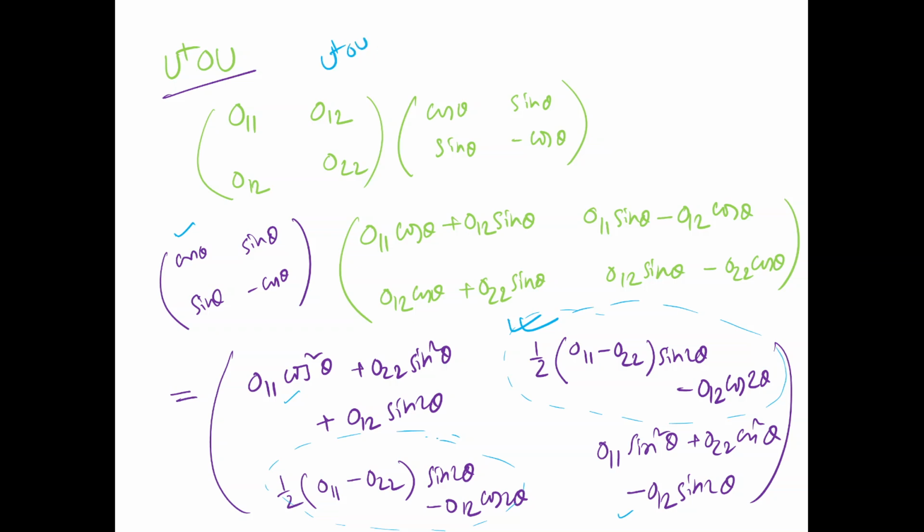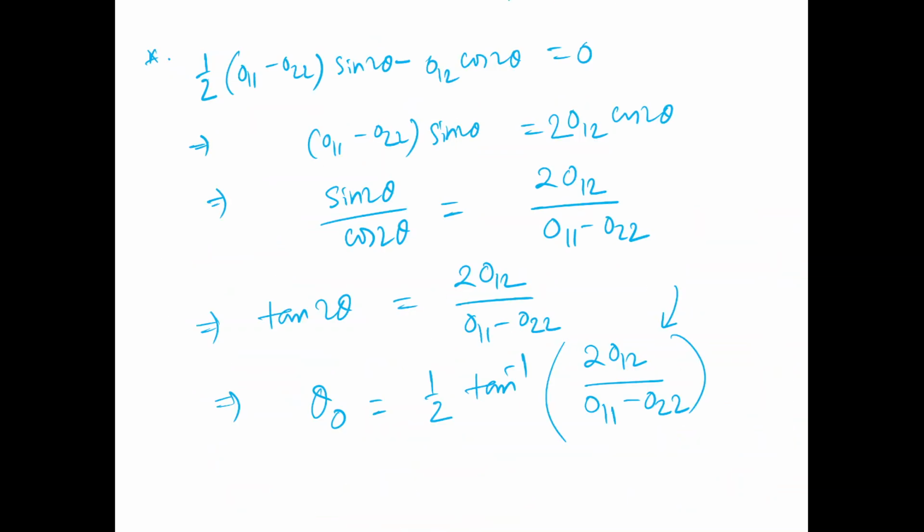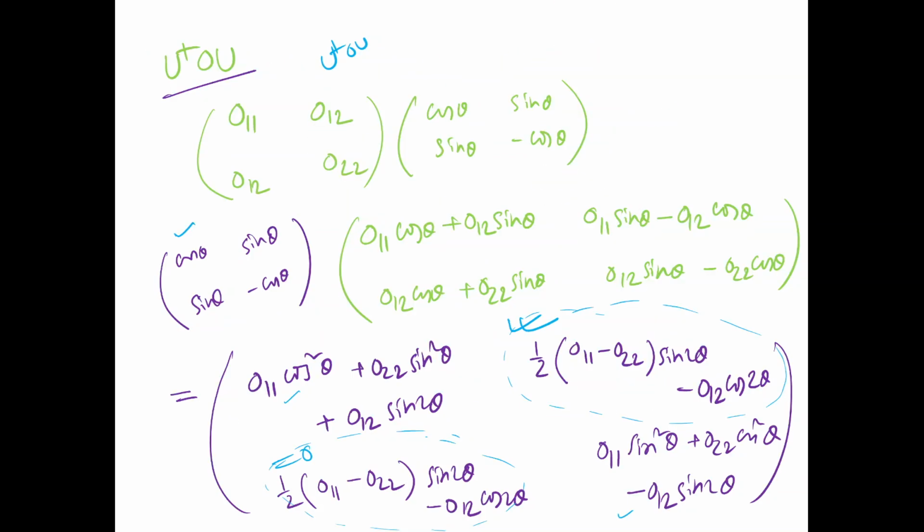So now if you put this theta 0 back here, it will be 0, right? Because this is the condition that we have solved here. So for this, you will get the diagonal matrix. And if you put the theta 0 back here, you will get the first eigenvalue and the second eigenvalue.